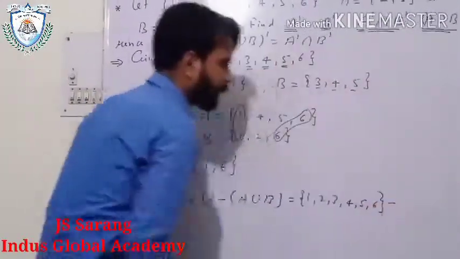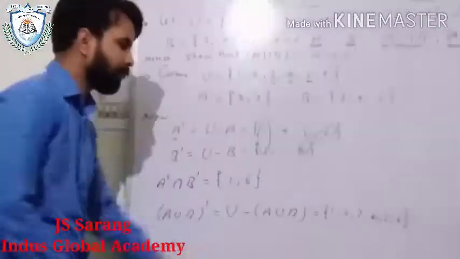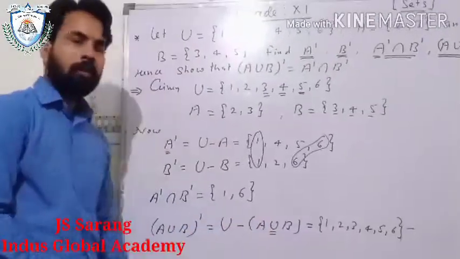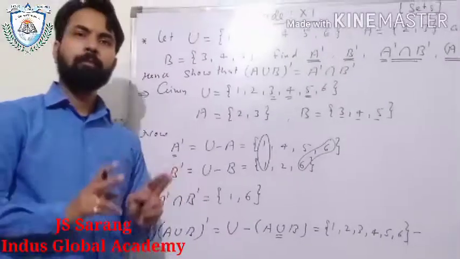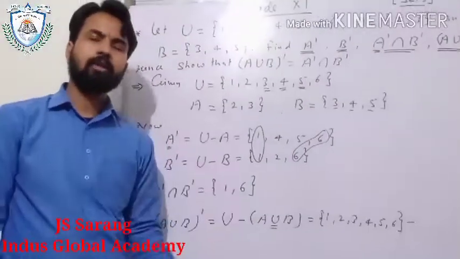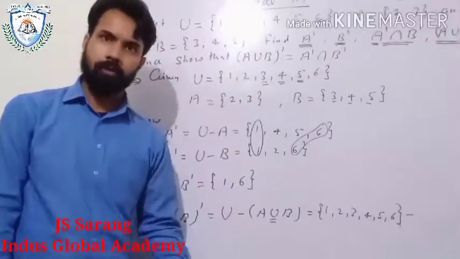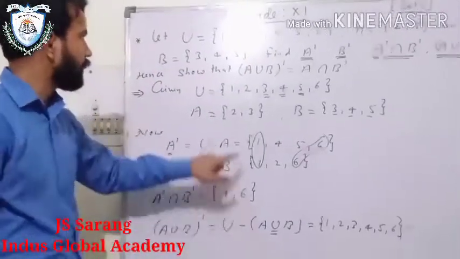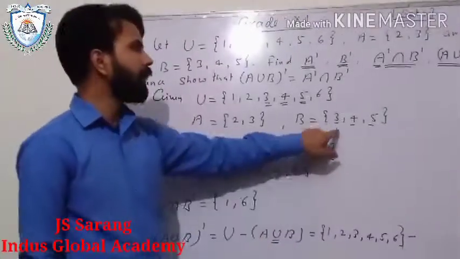Now we will subtract what? A union B. This is the sign of union. For finding the union, we will have to note all the elements of A and B together. You know this? So A set is 2, 3 and B set is 3, 4, 5.